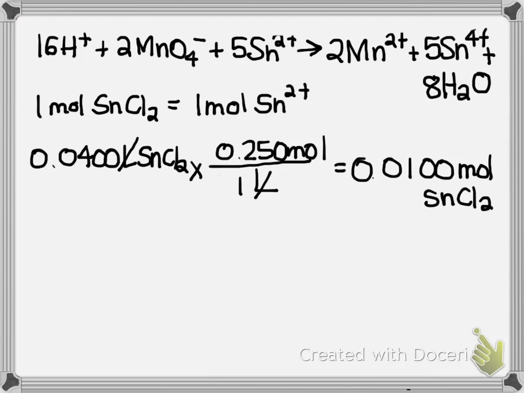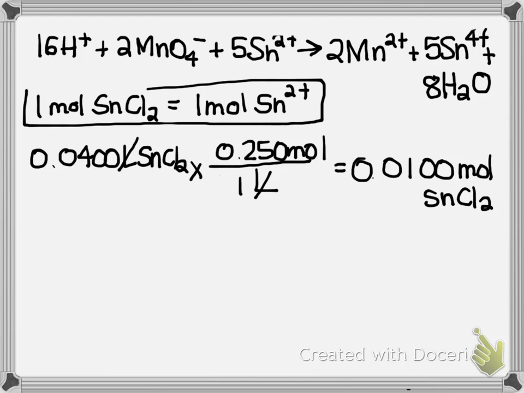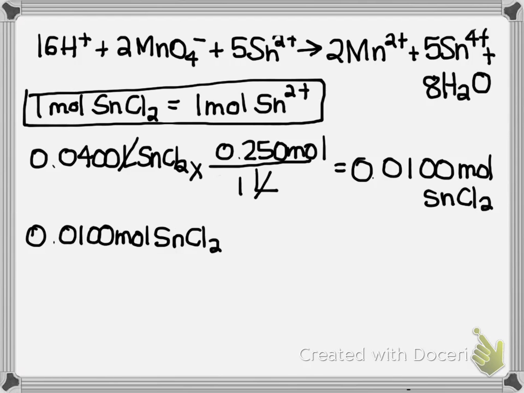Now I know up here I wrote that 1 mole of tin chloride is 1 mole of tin, so I can say 0.0100 moles of tin chloride times 1 mole of tin.